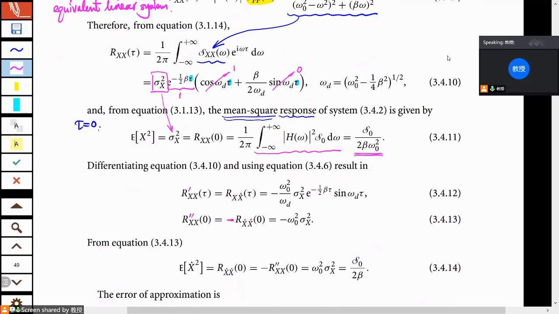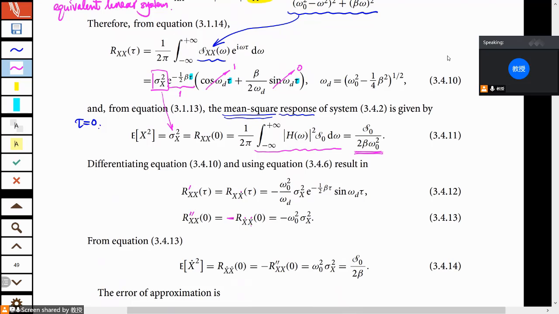Okay, now from this equation, this is the mean square value of velocity. That's the mean square value of velocity, and it's omega 0 squared sigma x squared.